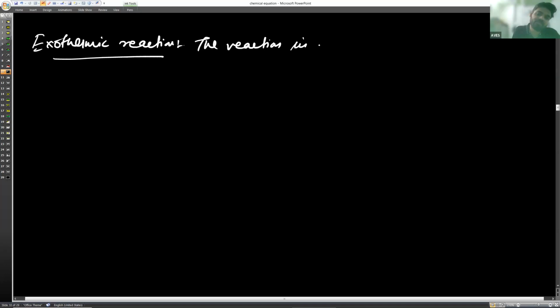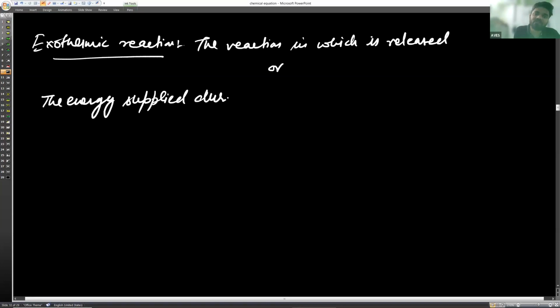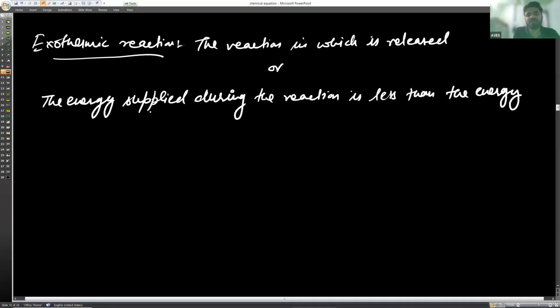You can say the reaction in which energy is released, or we can simply say that the energy supplied during the reaction is less than the energy released.